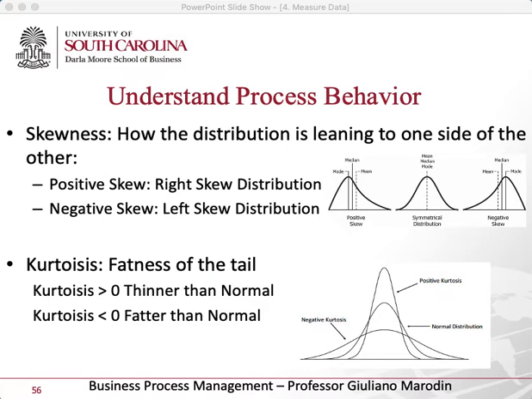Next, we're going to look at something called skewness and kurtosis, and they tell you a little more about the shape of the distribution. Let's start with the skewness. If the skewness is 0, it means it is exactly symmetric, a perfect normal distribution. If it's a positive skew, it means it is right skewed.